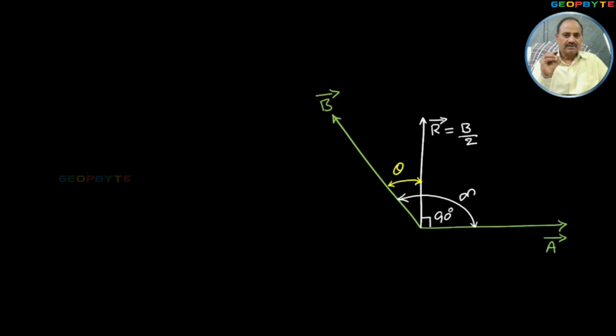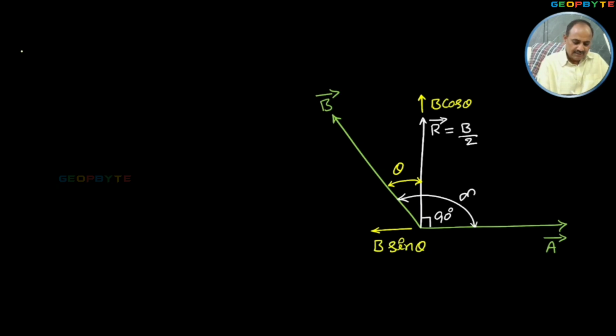Since the vector B makes an angle theta with respect to the resulting vector, it develops two components: one is B cos theta, the other is B sin theta.